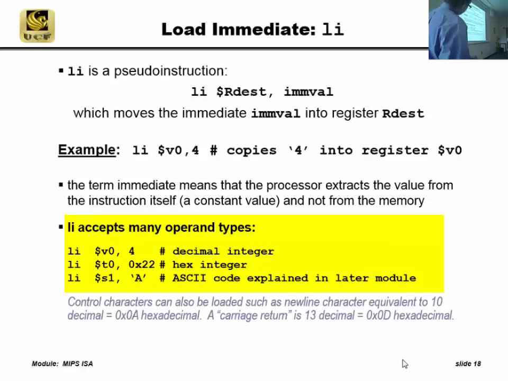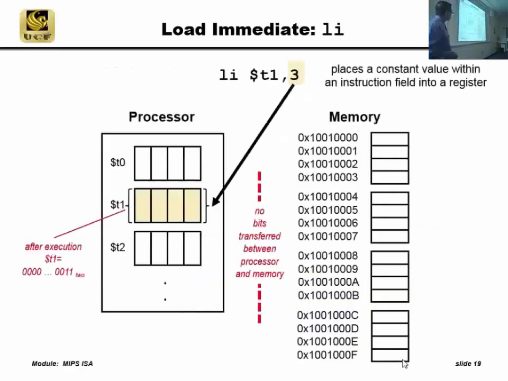Here's a decimal 4 here. If you want to load it with hex, because you're just using hex already, you can use 0x. Suppose you want to load it with the bit value sequence for a character. You can put single quotes, and the assembler will translate this from a character on the screen to a sequence of bits which correspond to the letter.